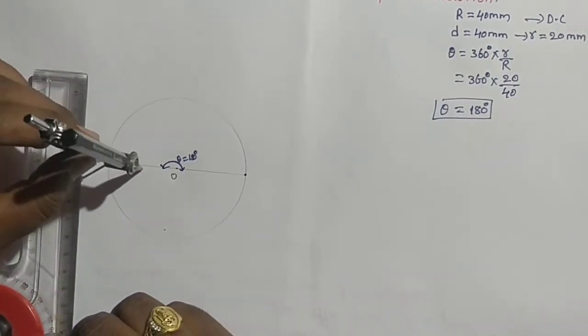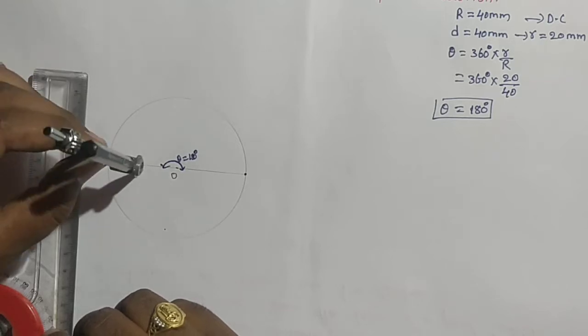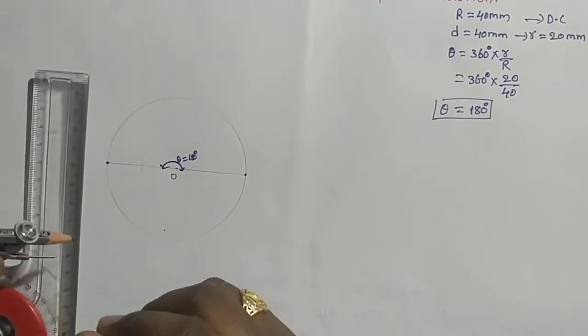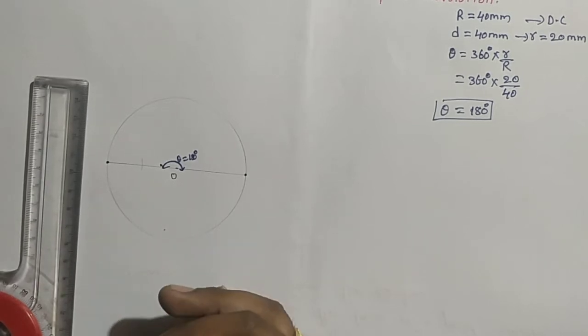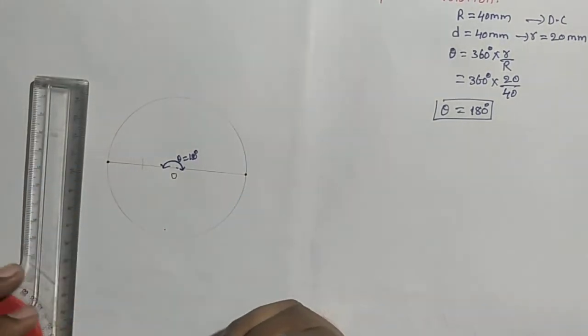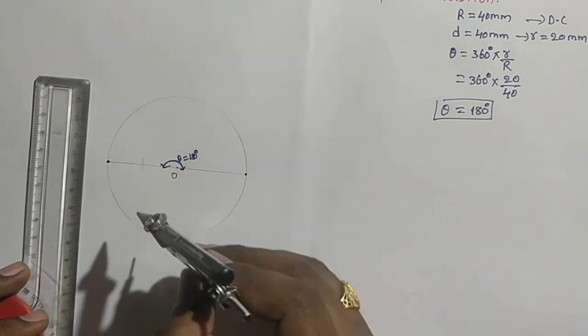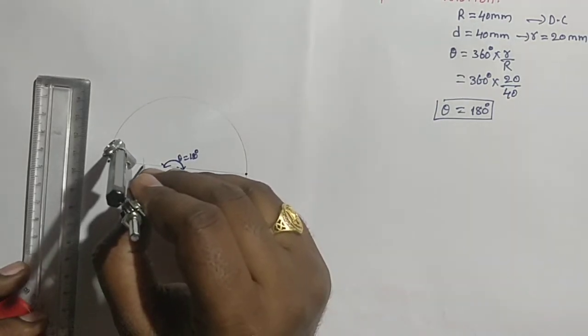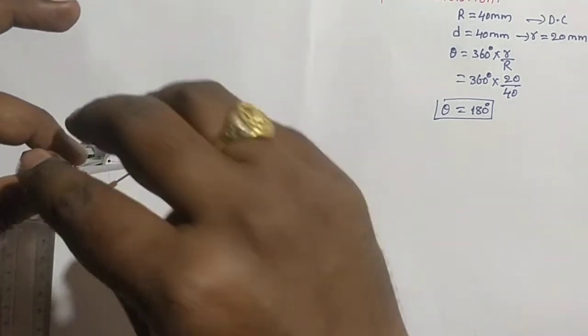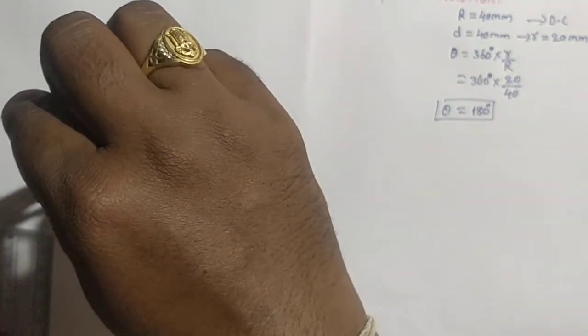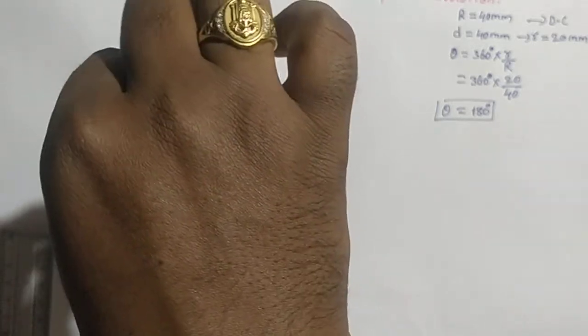By using a compass, take radius 20 mm and cut the point on the directing circle radius; we get one center. It is the center of the generating circle. Draw the circle with radius 20 mm.